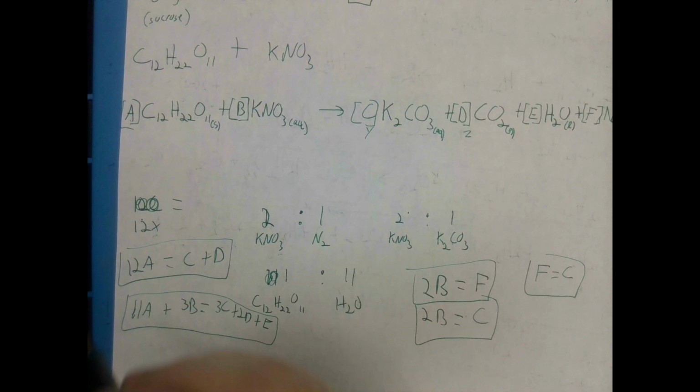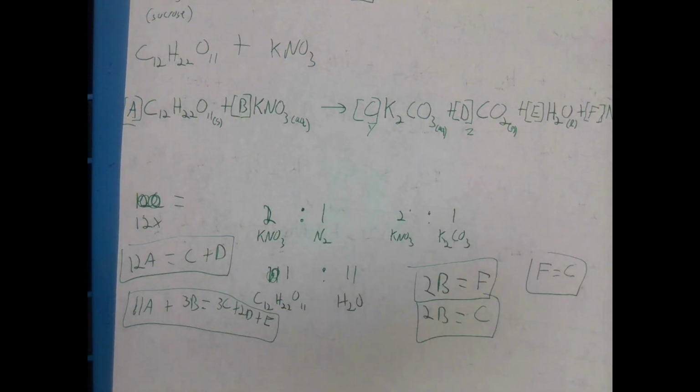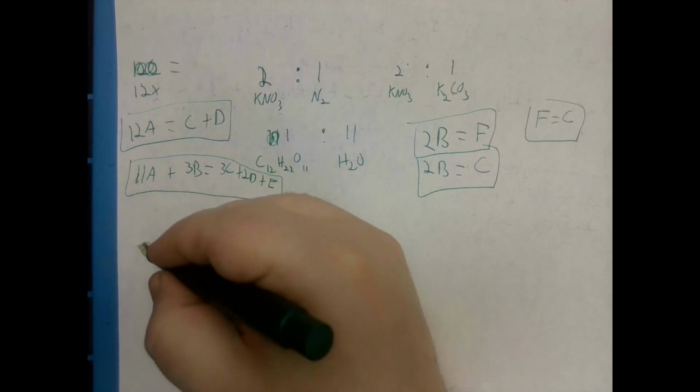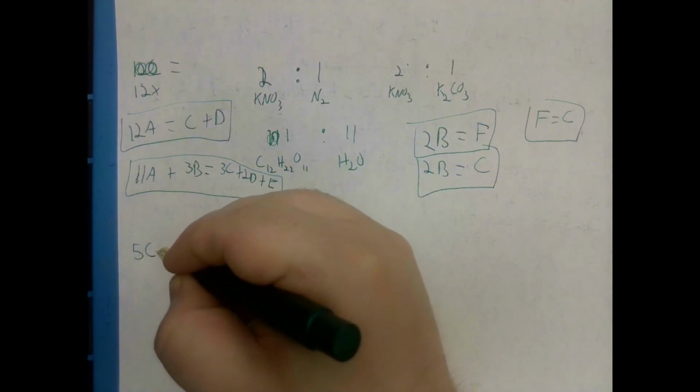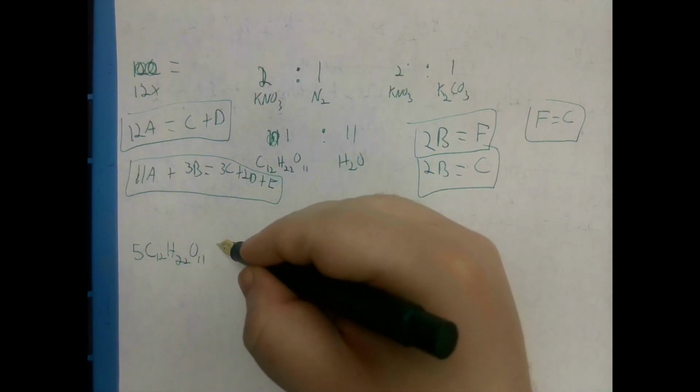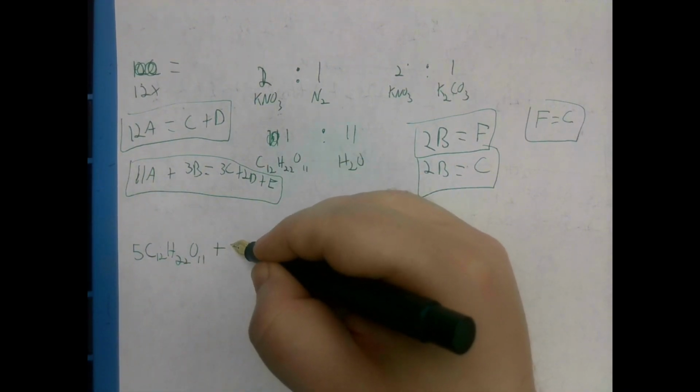And basically you solve the algebra using all these equations. That's too complicated to do in this class. These numbers are really big. You can do it by guessing and trial and error.